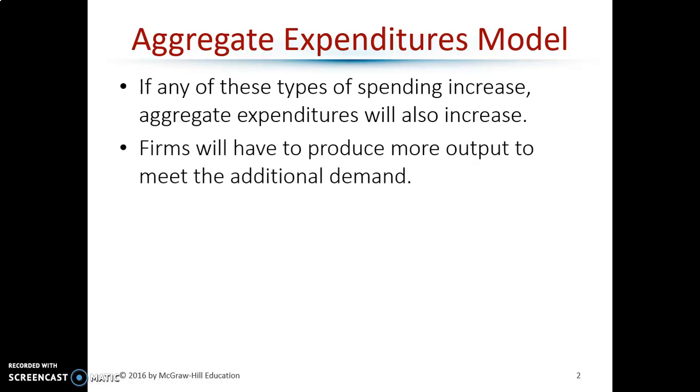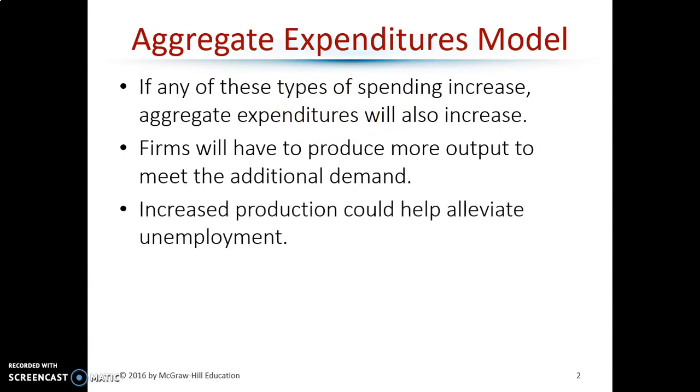But of course, it means that GDP will also increase because firms will have to produce more output in order to meet the additional demand that it's perceiving from all of this. And of course, we've already operated with the assumption that we generally expect unemployment to fall when GDP rises and for unemployment to rise when GDP falls.